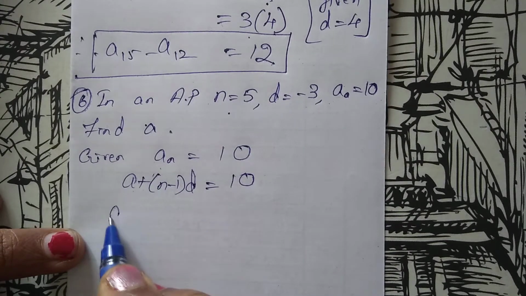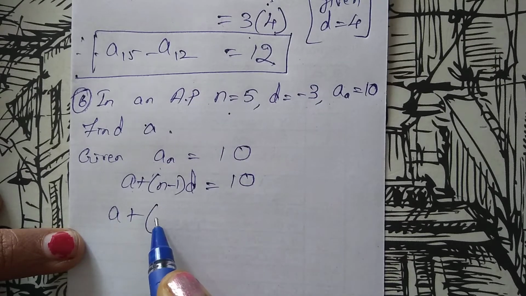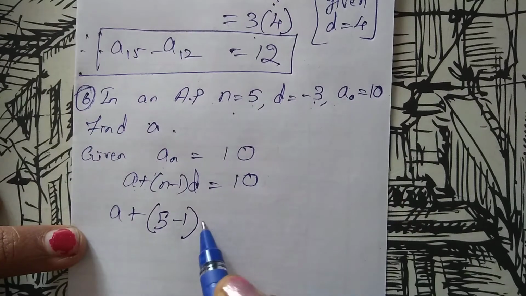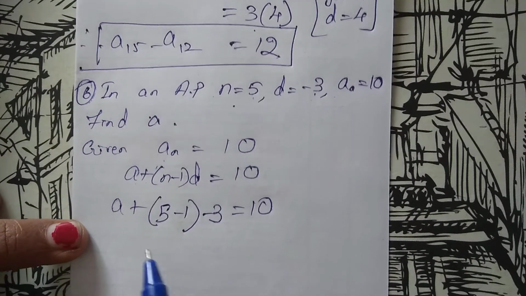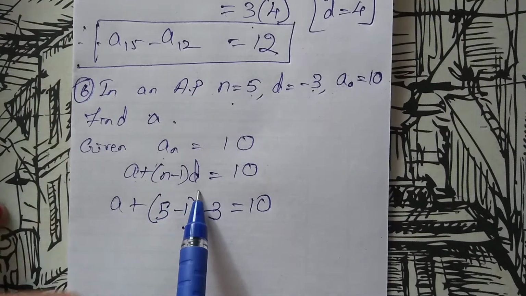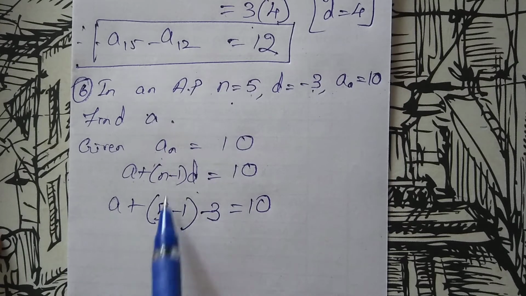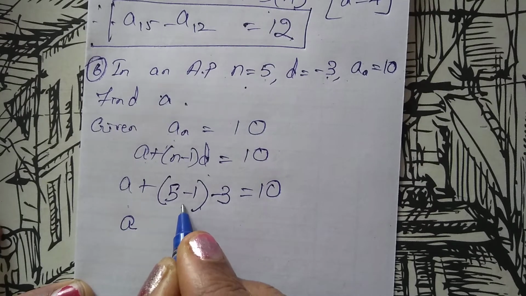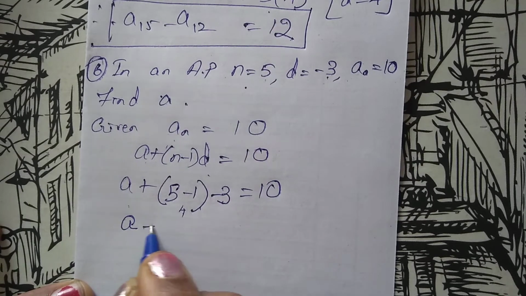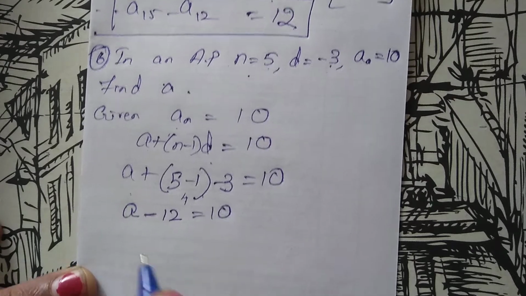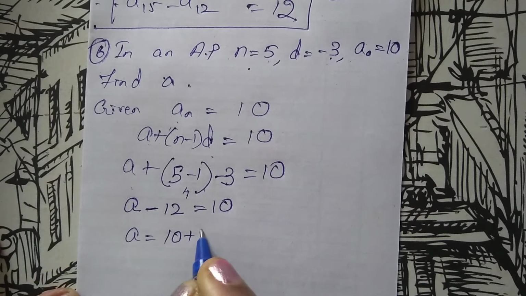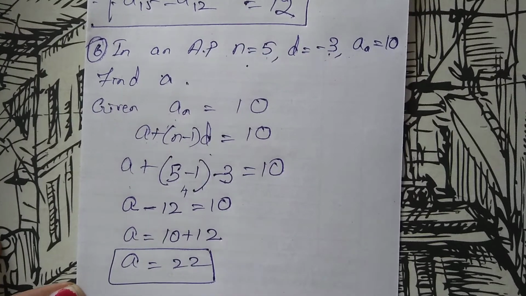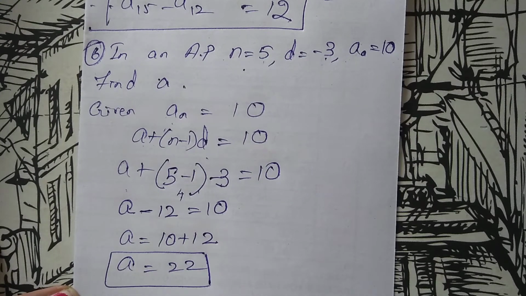We have to find A. A plus n is 5 minus 1, D is minus 3 equal to 10. So we are writing the A plus n minus 1 D formula and substituting whatever values are given to find the value of A. 5 minus 1 is 4. 4 into minus 3, minus 12. So A will become 10 plus 12. So A is 22.